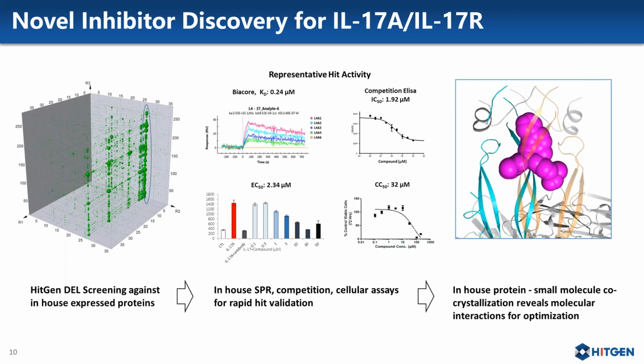IL-17A is an interleukin cytokine whose deregulation is implicated in autoimmune disorders such as psoriasis, and antibodies against the IL-17A pathway are now well established and very effective treatments. So a low micromolar small molecule was identified using our DEL selections. This project is our internal project. The project has now progressed into PCC stages.